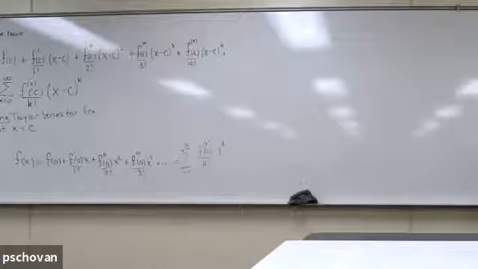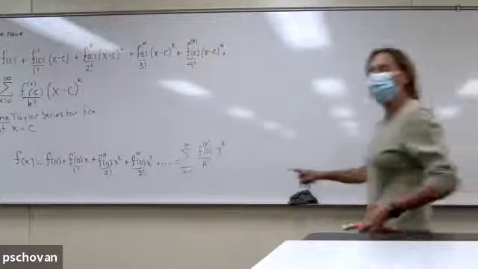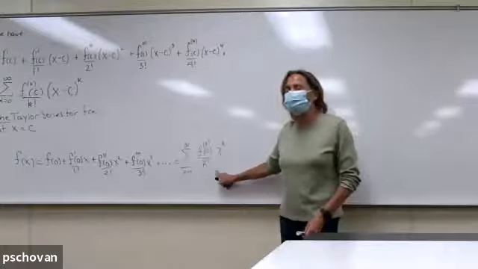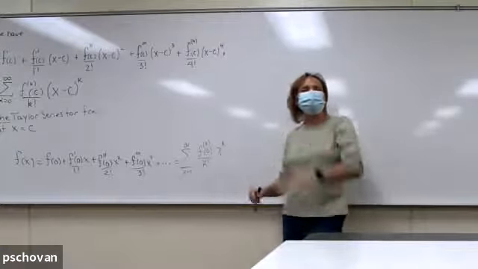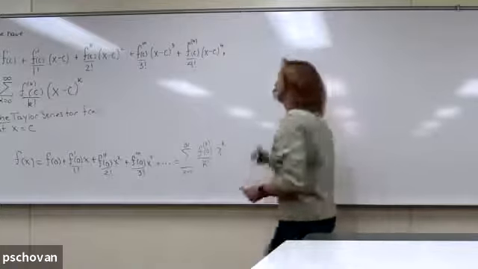So let's look at finding a Taylor series for f of x is equal to the natural log of x. Now I can't do a Maclaurin series because the natural log of 0 is not defined. So let's shift it over to x is equal to 1.